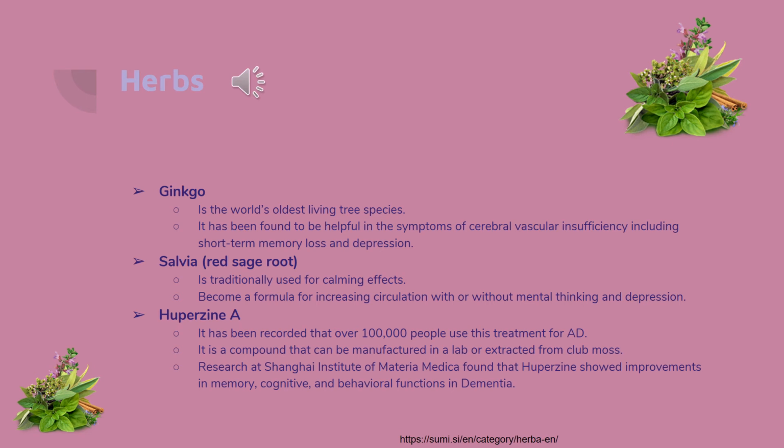And lastly, Huperzine A has been given to over 100,000 people and used to treat Alzheimer's, mostly in China though. It is a compound that can be manufactured in a lab or extracted from club moss. Researchers at Shanghai Institute of Material found that huperzine showed improvements in memory, cognitive, and behavioral functions in dementia.